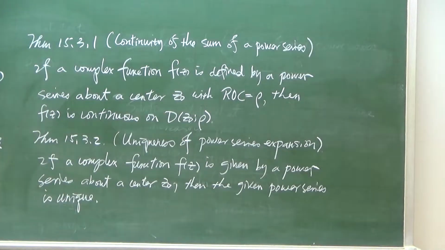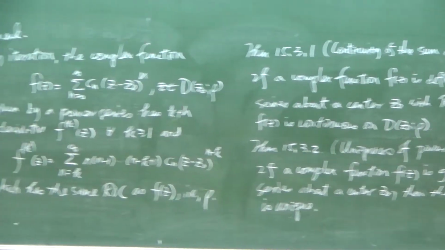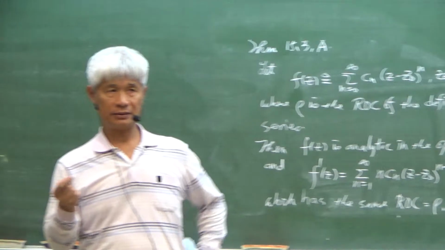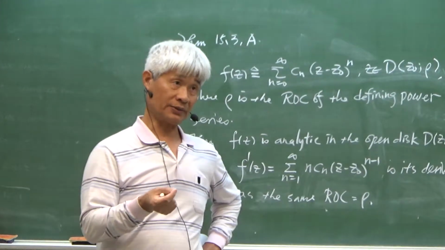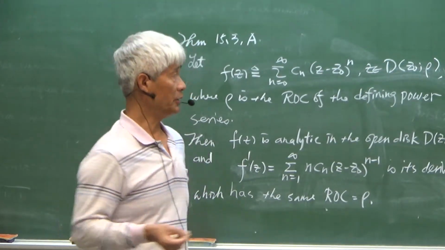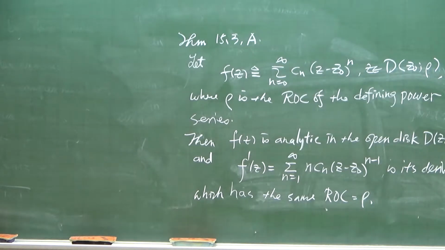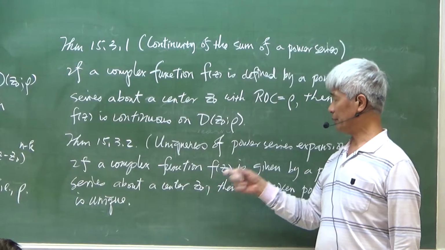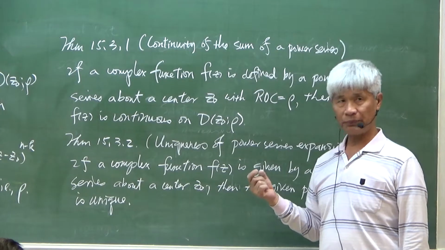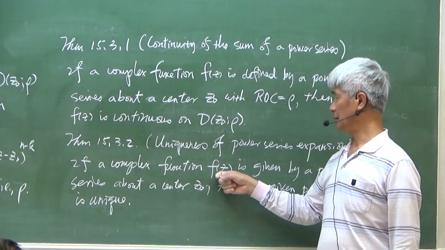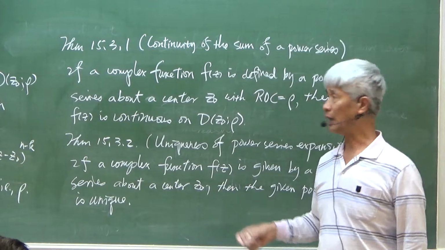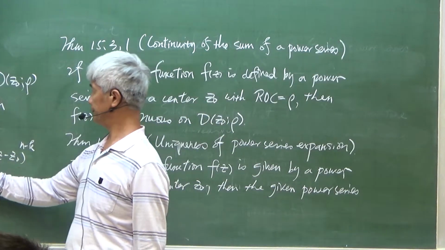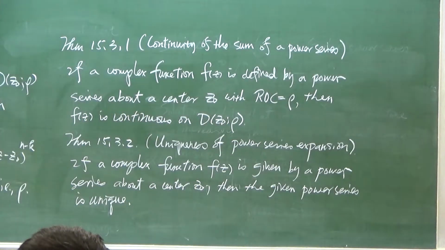Remember, a power series is defined by the center as well as the sequence of coefficients. We know already the center, no problem, they must have the same center. But we have to say that the coefficients can be determined by the function f of z. How? Look at here.